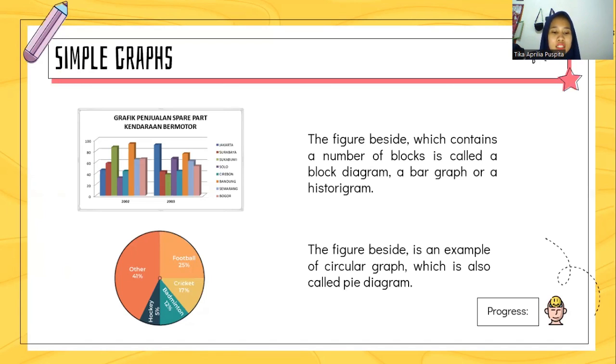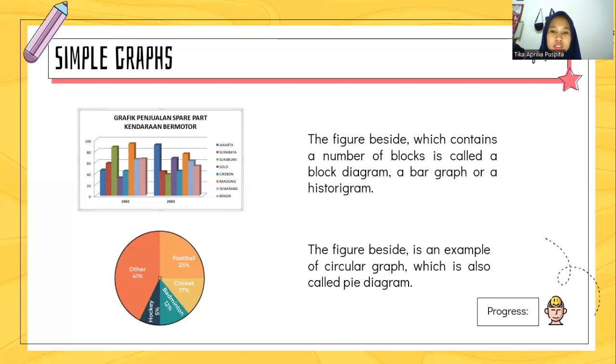We can see that it contains blocks of different size. These blocks might represent quantities of something, for example, the number of rainfall, the level of mortality rates, and etc. In this picture, it represents grafik penjualan spare part kendaraan bermotor.